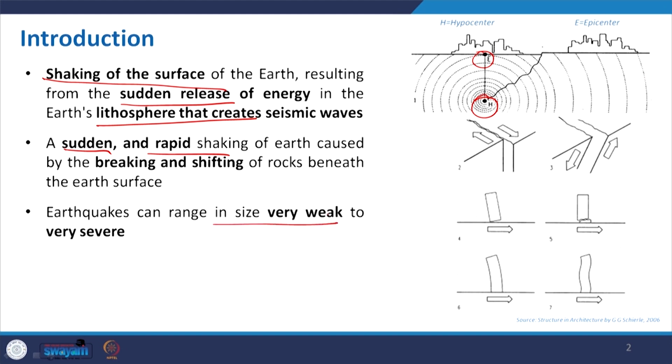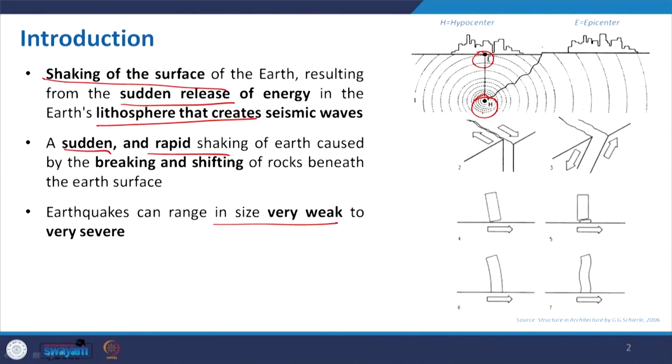If you search the internet, each day a number of earthquakes happen across the world, but hardly a few of them are really felt, because maybe the intensity is not that much on the Richter scale, or maybe the depth of the hypocenter is not enough for it to propagate. But sometimes, if it is very close to an urban area or the intensity is quite high, maybe more than 5 or 6 on the Richter scale, then definitely it will be havoc.